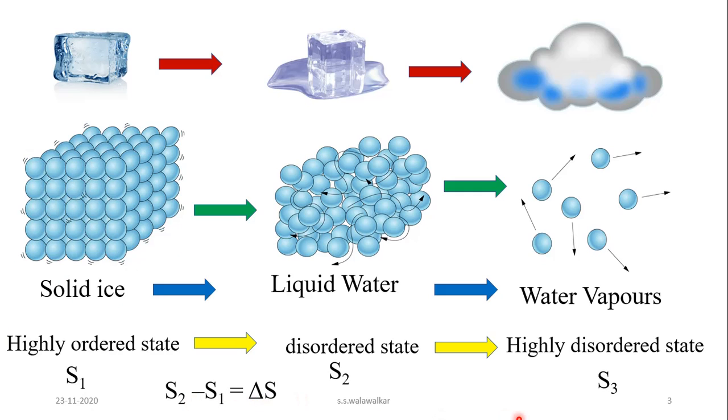Or suppose the entropy of gaseous water is S3, then S3 minus S2 is equal to delta S, and this delta S means change in entropy. This change in entropy may be positive, may be negative, or may be zero. If the entropy of the final state is more than the initial state, then delta S is positive.